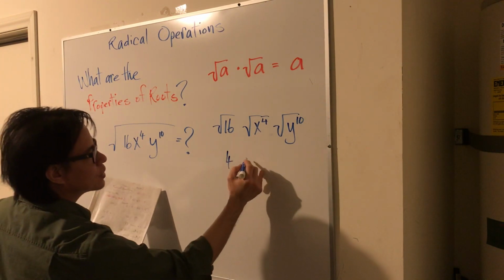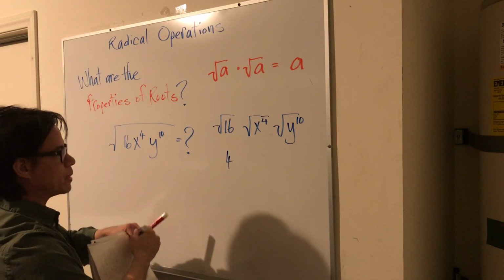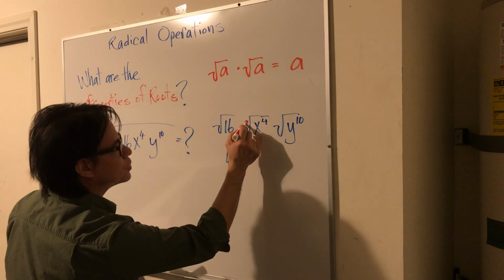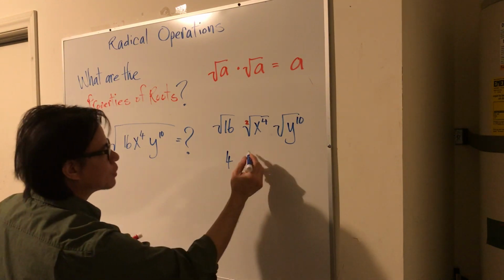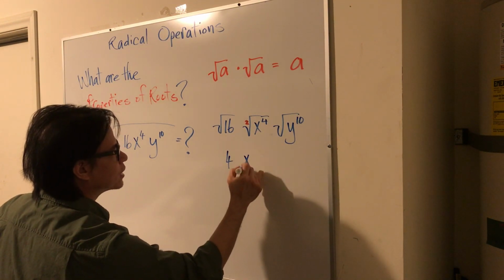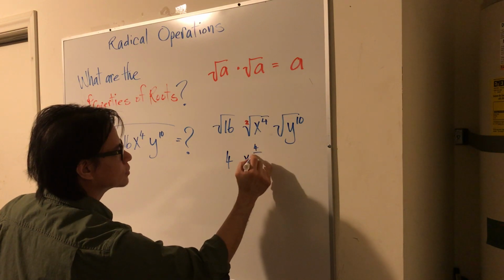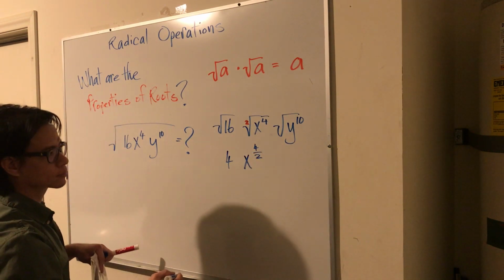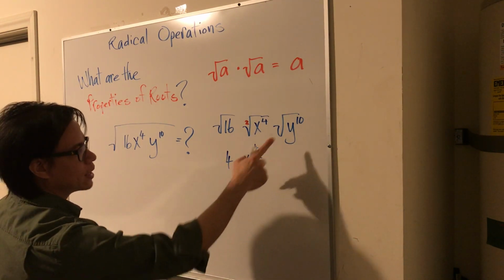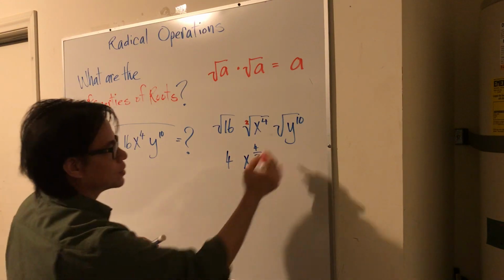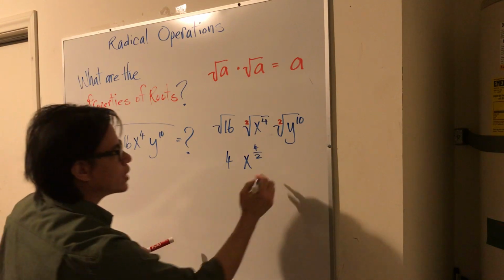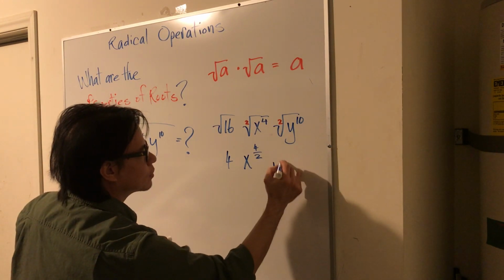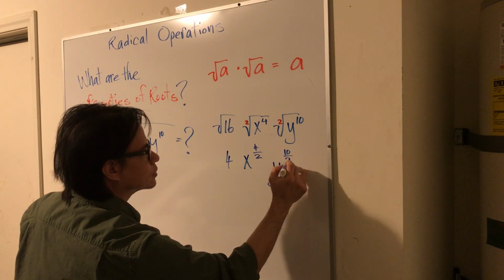Now for this, you can write this. Again, remember we mentioned that there's a little 2 here, but we just don't see it. So technically, you can write this as x to the 4 over 2. Okay? And then again, you can assume there's a 2 here. So for the y term, we can write it as y to the 10 over 2.